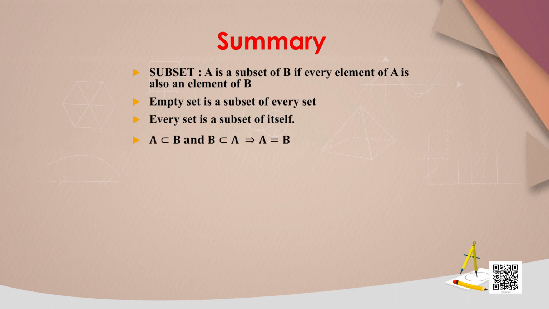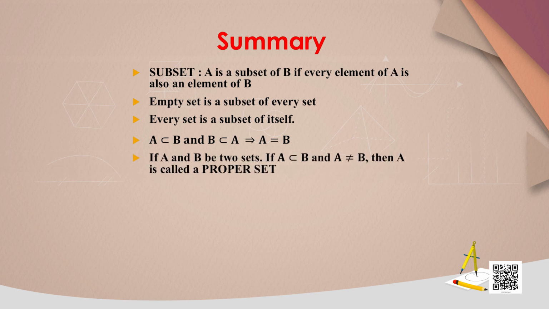If A is a subset of B and B is a subset of A, which implies that both the sets are equal, that is A is equal to B. Proper subset: if A and B are two sets where A is a subset of B but it is not equal to B, then we say A is a proper subset of B and B is a superset of A. Okay?